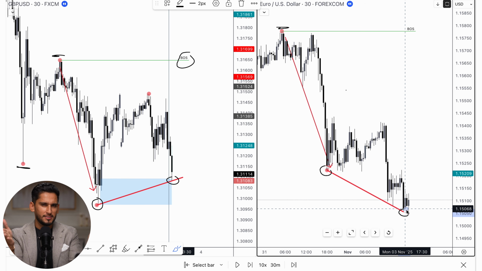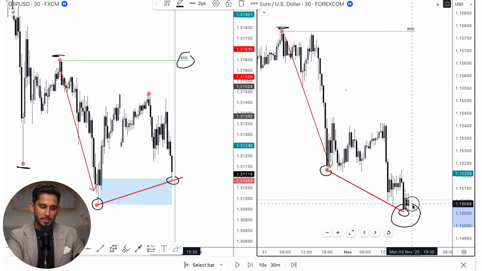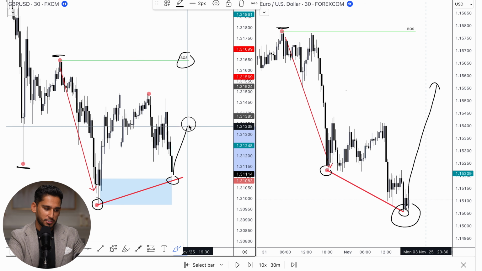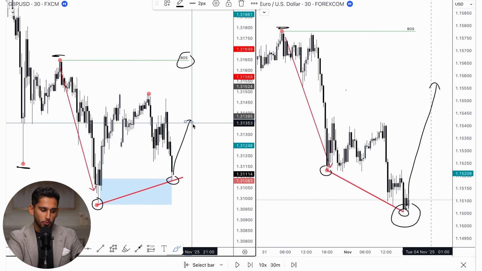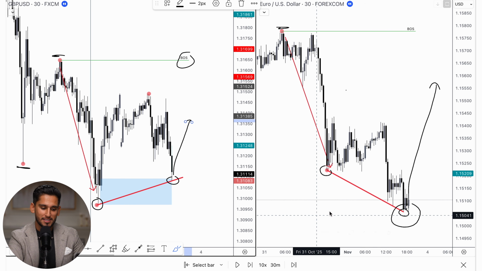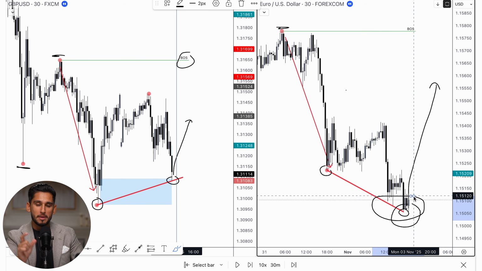There's no reason for it to depeg so significantly unless this lower low is only a manipulation, and then it should recoil higher just in the same way that we expect GU to do so. And therefore we can anticipate that this divergence is a symbol to say this is just a manipulation, because maybe on EU there was not enough liquidity, so they engineered it, they manipulated the market to access liquidity to get the buy orders in, whereas on GU they didn't need to.